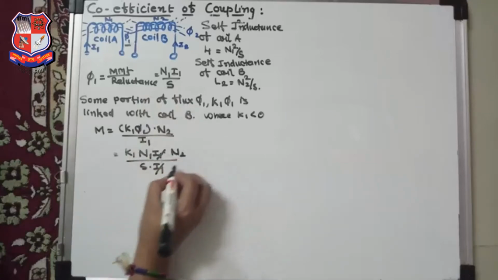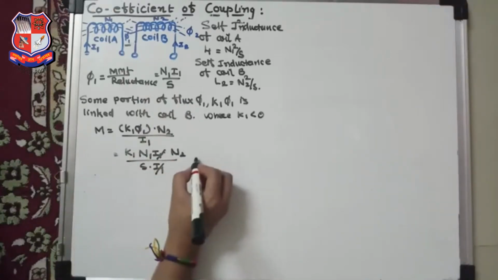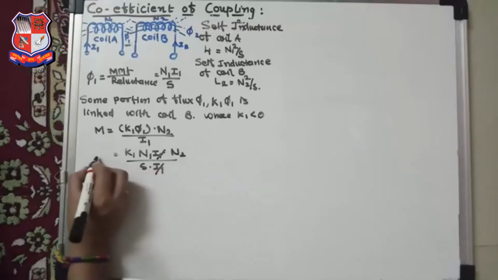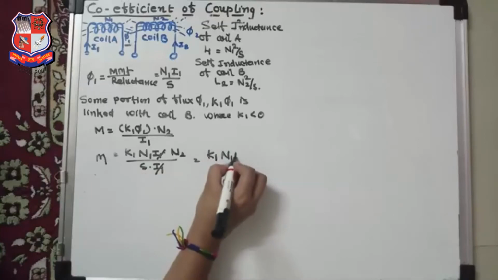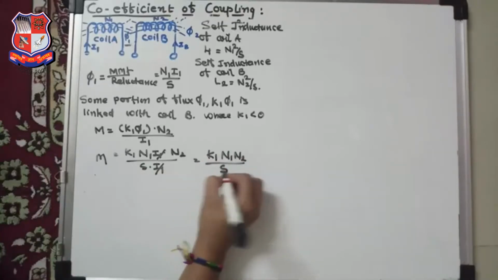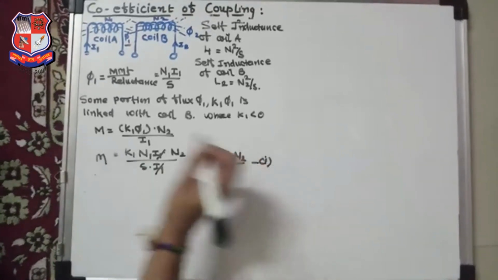I1 cancels out. Finally you get M is equal to K1 N1 N2 by S. This is equation number 1.